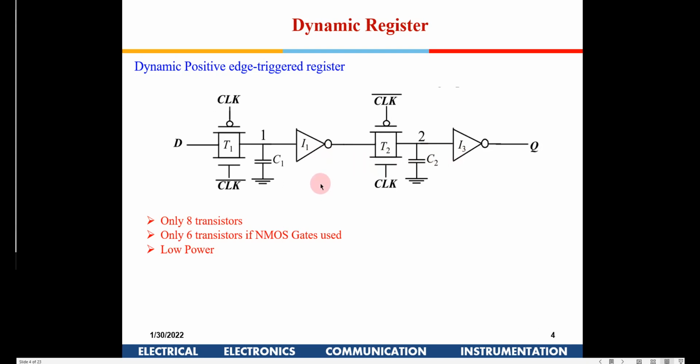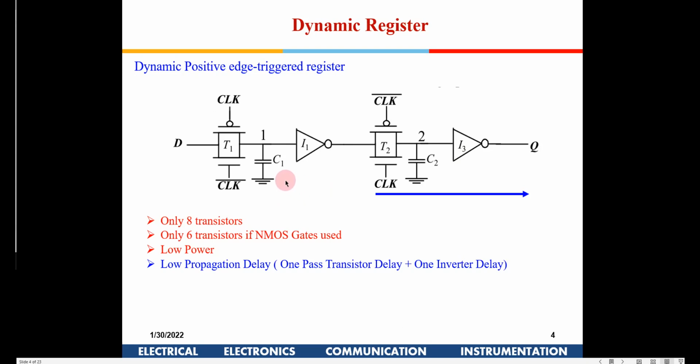Okay. Now if you see the propagation delay, this is the rising edge of the clock. Even before the rising edge of the clock, the data has stabilized here already.